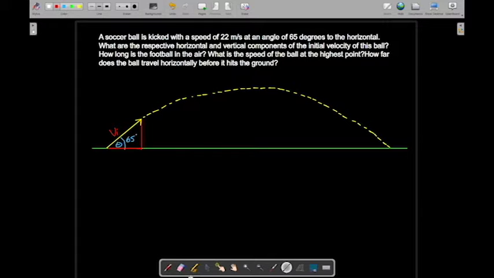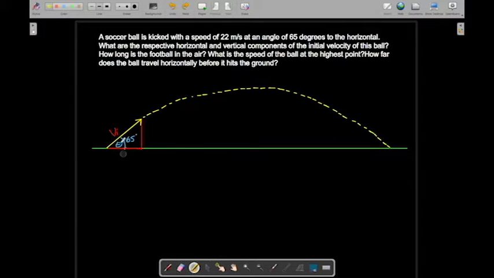Anything that goes at a diagonal motion has both a horizontal motion and a vertical motion. We say it has a horizontal motion because it's going horizontally. You can tell that the ball is being thrown this way. At the same time, it's also gaining altitude. It's going up until it reaches a high point, then it comes back down. So we have both a horizontal and a vertical component happening at the same time.